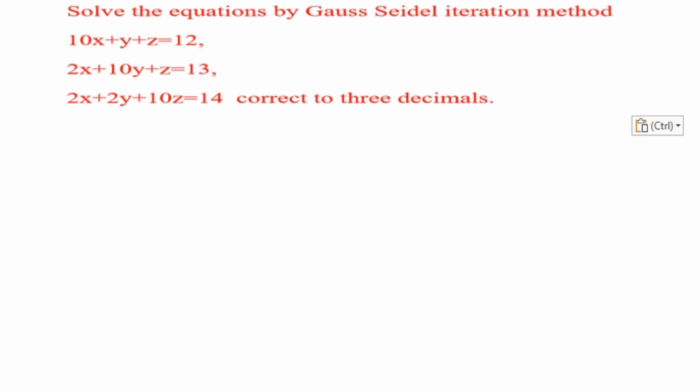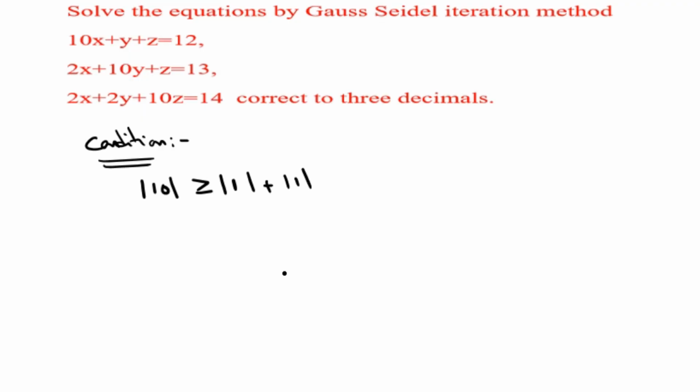Solve the equations by the Gauss-Seidel iteration method. Now in this method, the first condition from the first equation is that the magnitude of 10 is greater than or equal to the y magnitude plus the z magnitude.